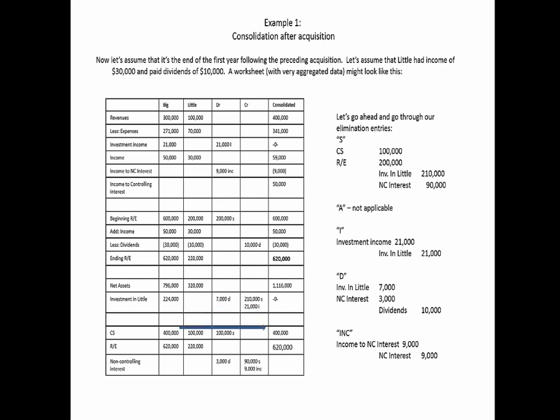For the common stock account, again, as always, we eliminate the subsidiary's common stock, being left with the parent's only. We've already got the retained earnings cell populated with that $620,000 number, and that's one of the benefits of transferring that $620,000 down from the retained earnings statement to the balance sheet right away.